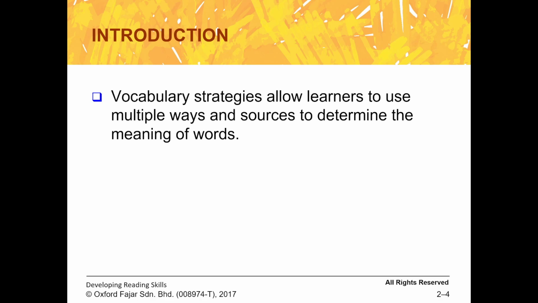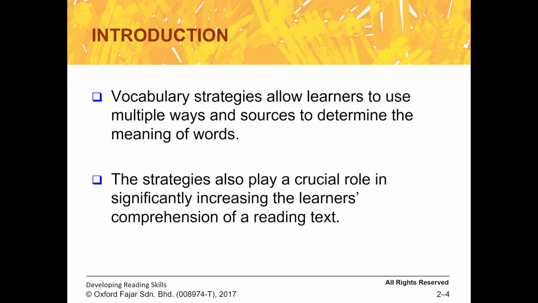So there are some strategies that you can use which will be able to help you ascertain the meaning of those words. At the same time, the strategies also play a crucial role in significantly increasing the learner's comprehension of a reading text.